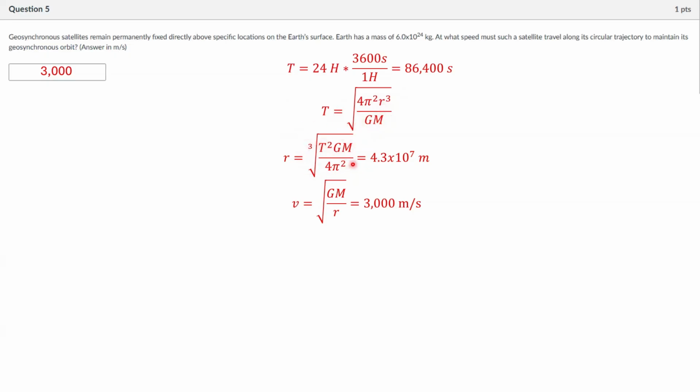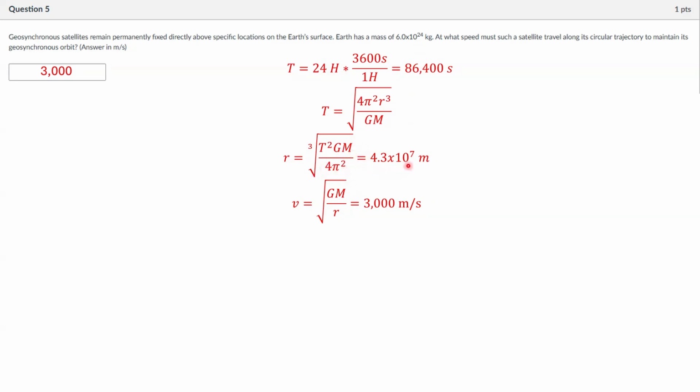Put in what I know, 86,400 seconds where period goes, G, that 6 something times 10 to the negative 11 Newton meters, what would it be? Meters squared per kilogram squared. Mass of the planet, thing I know. 4 pi squared is a constant.